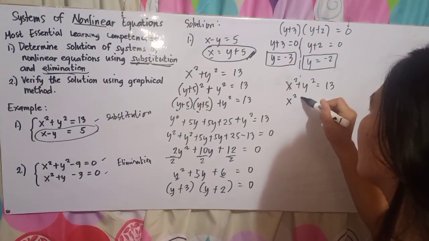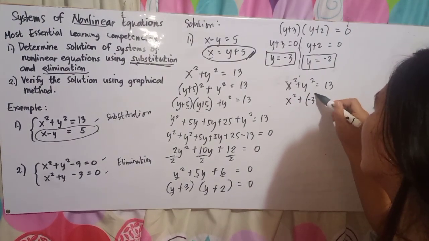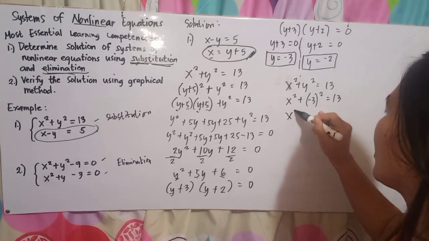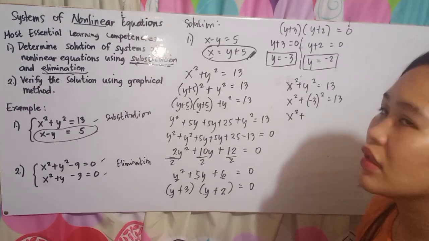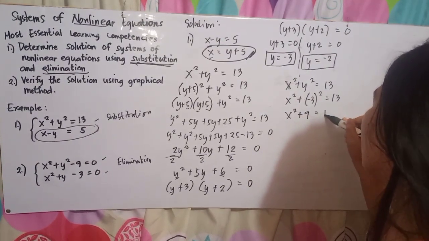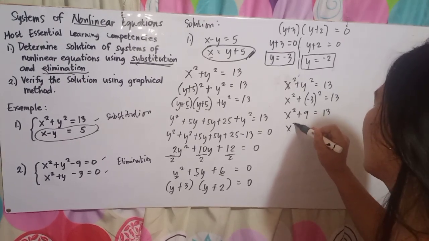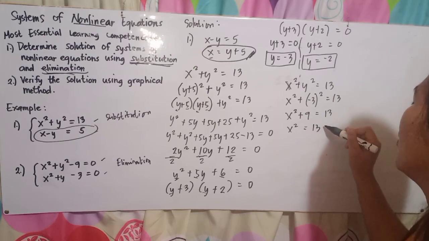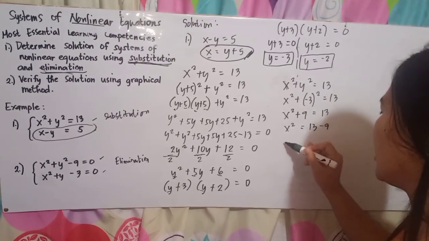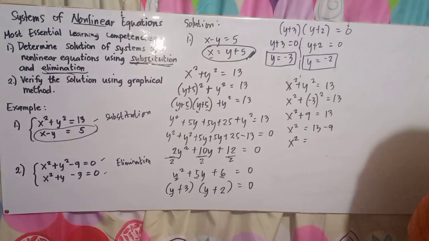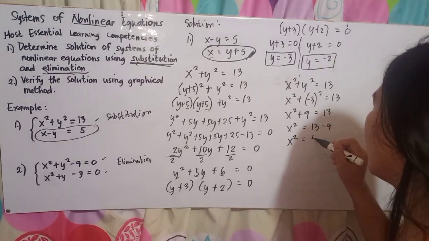So, x squared plus negative 3 squared equals 13. X squared plus negative 3 times negative 3 is positive 9 equals 13. So, x squared equals 13, and the positive 9 becomes negative 9 when transferred. So, x squared equals 13 minus 9, which is 4.